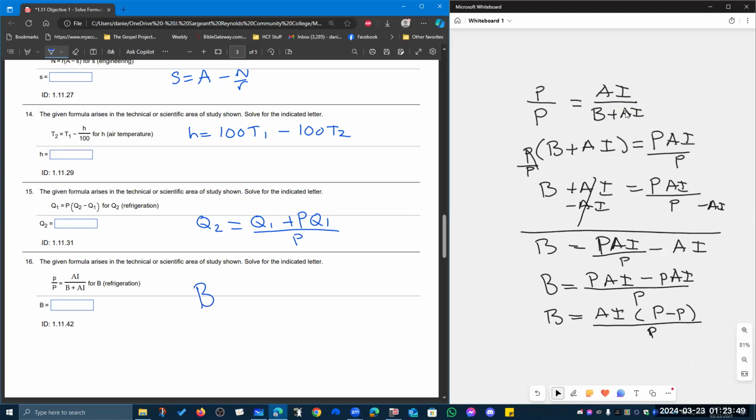Big B is going to be equal to capital A, capital I times big P minus little p over little p.